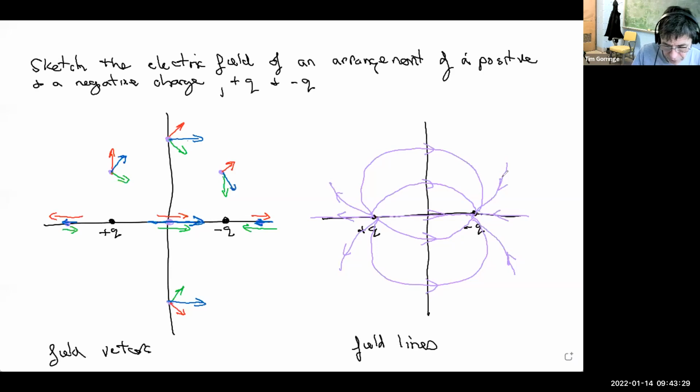So this is my final sketch of the field lines of the positive and negative charge.